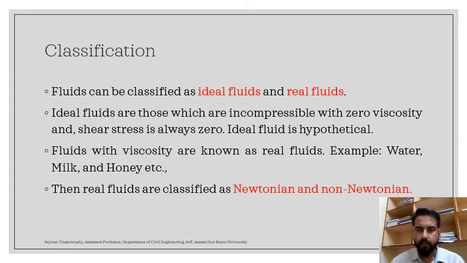Very simple. Water is a real fluid, milk is a real fluid, honey is a real fluid. These are viscous liquids that are found in nature. Again, the real fluids are classified as Newtonian and non-Newtonian. Before we go into that, let us talk about one thing very clearly.